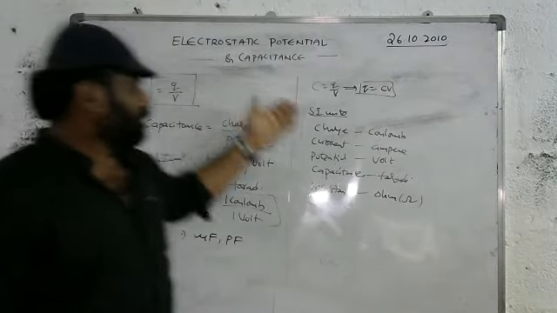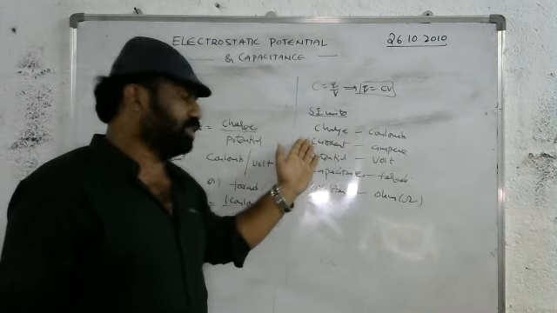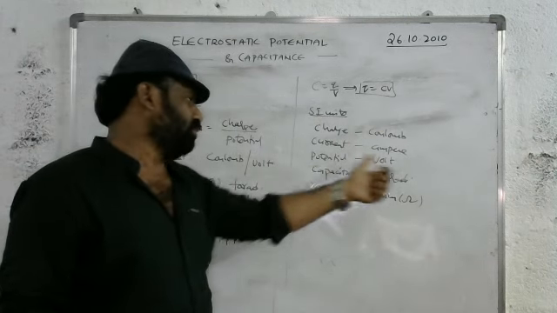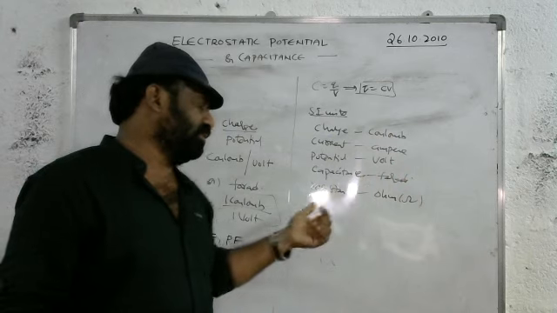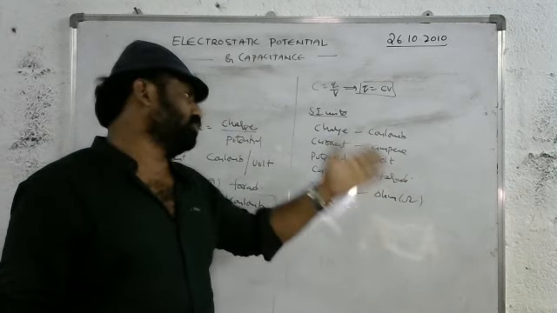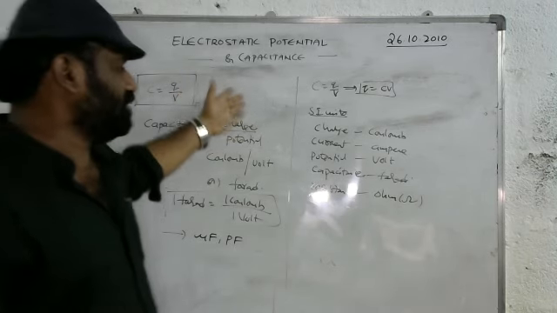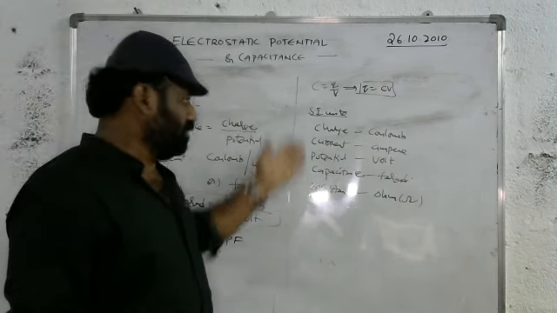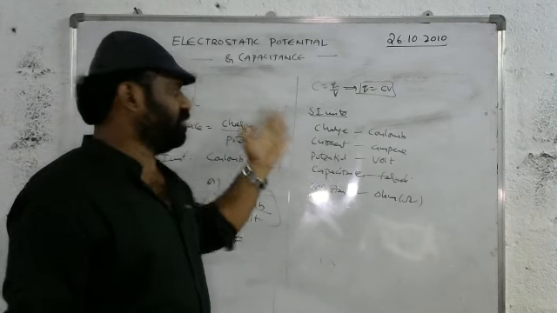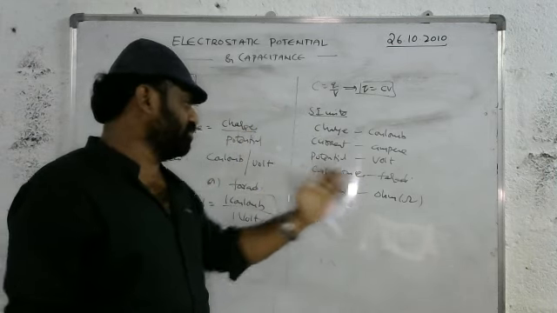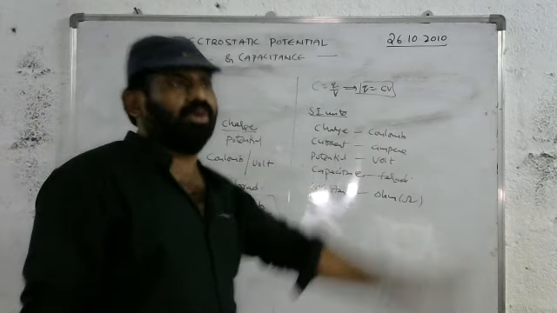We have to remember these very important terms which are often used in our electrostatics. So you have to remember all these formulas and SI units: charge is coulomb, current is ampere, potential is volt, capacitance is farad, and resistance is ohm.